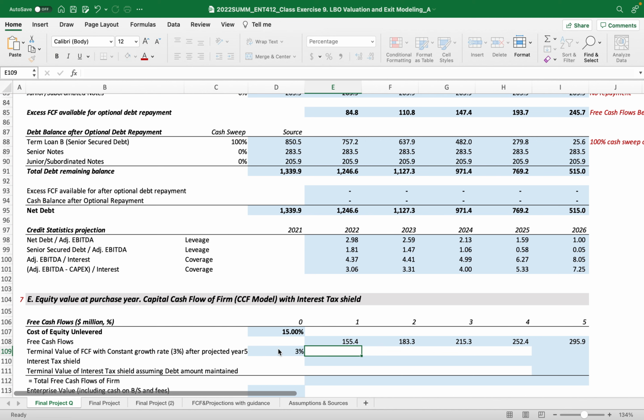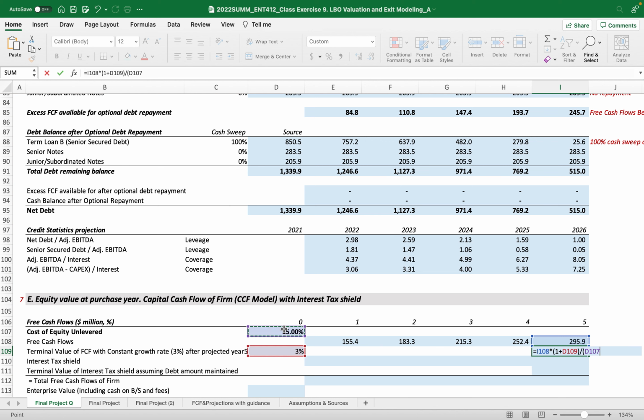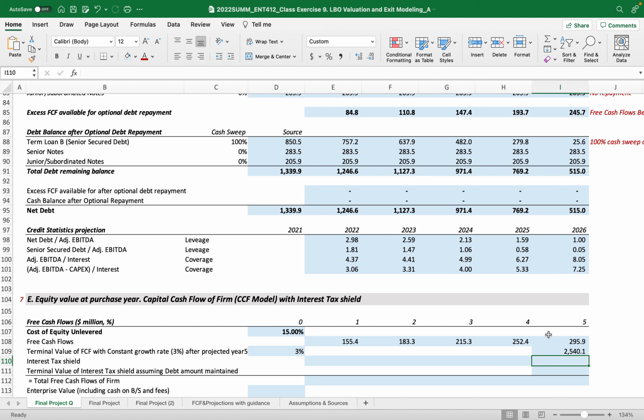Then we can calculate this, increased by the 3% constant growth, and divided by the discount rate minus 3%, right? One point here is that the cost of equity discount rate must be greater than the 3% constant growth rate of the perpetual value, because this value must be positive, right? Also, remember that the last year's free cash flow must be positive, so that we can get a positive terminal value as well, right?